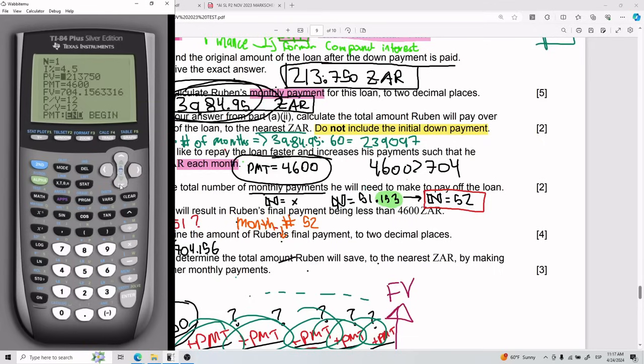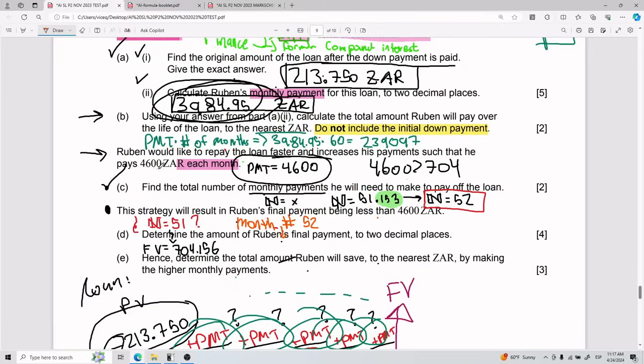Your present value is how much you owe at this last month, so it's going to be 704.16. Your PMT is what you're trying to find, and you want your loan to equal 0. K stays as 12. I know that I said that big N equals K times N, but with this context, you only want to find the last month, so big N will be 1.